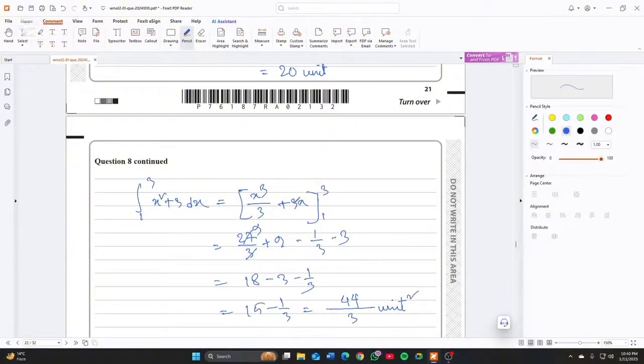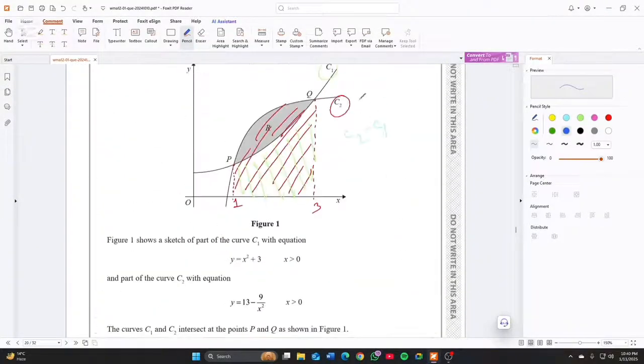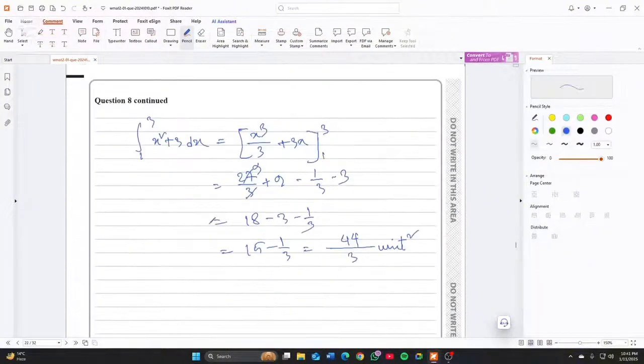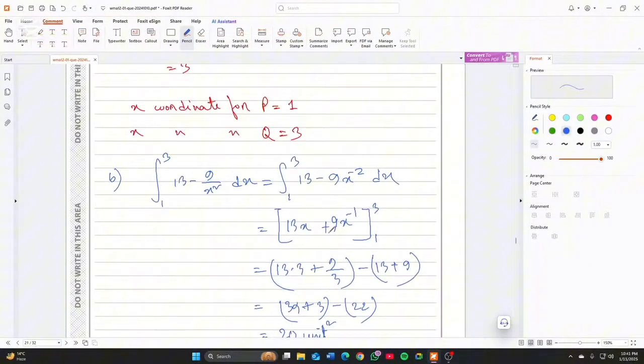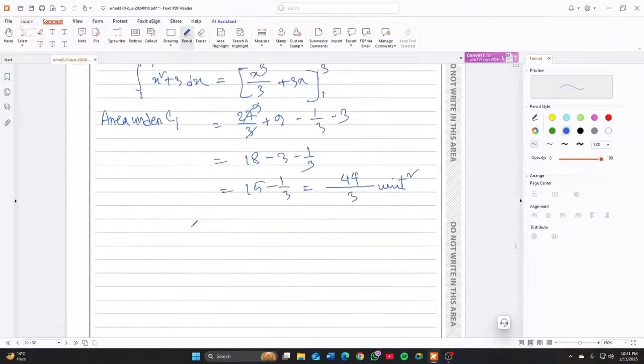Now we just subtract the value of what? Subtract C1 from C2. So C2 was 20 and C1, for clarification, this is the area under C2, and this is the area under C1.